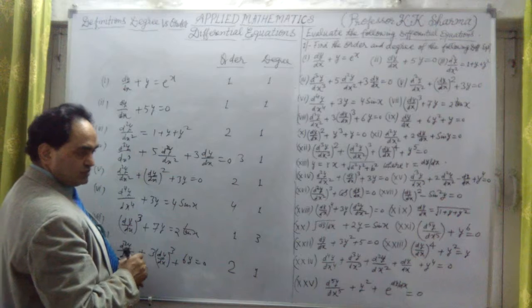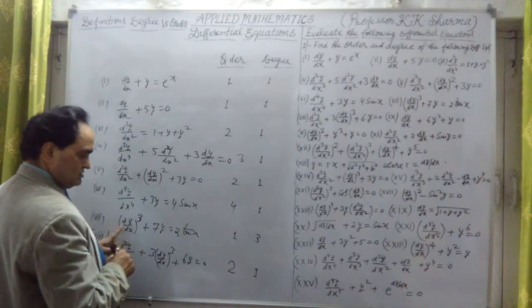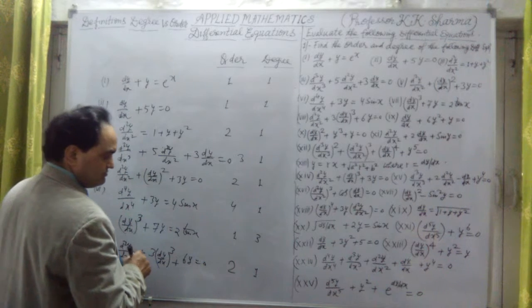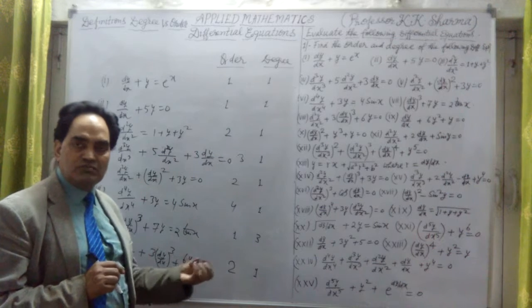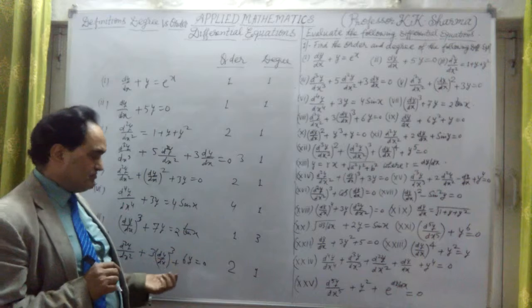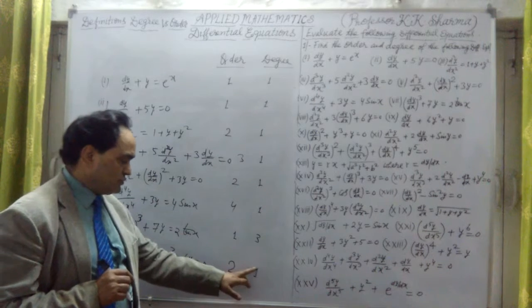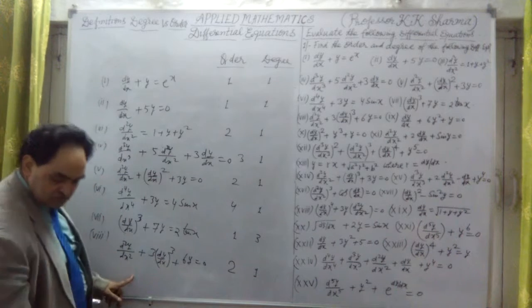If it is repeated 2 times, 3 times, 4 times, then we have to think about degree. Here it appears only one time. So the degree is the repetition number of that highest order derivative. So eight questions we have taken.